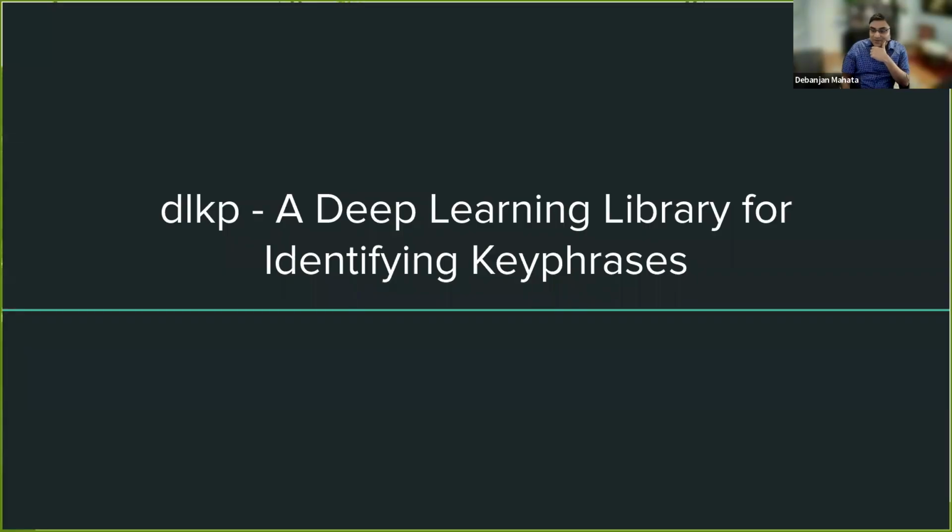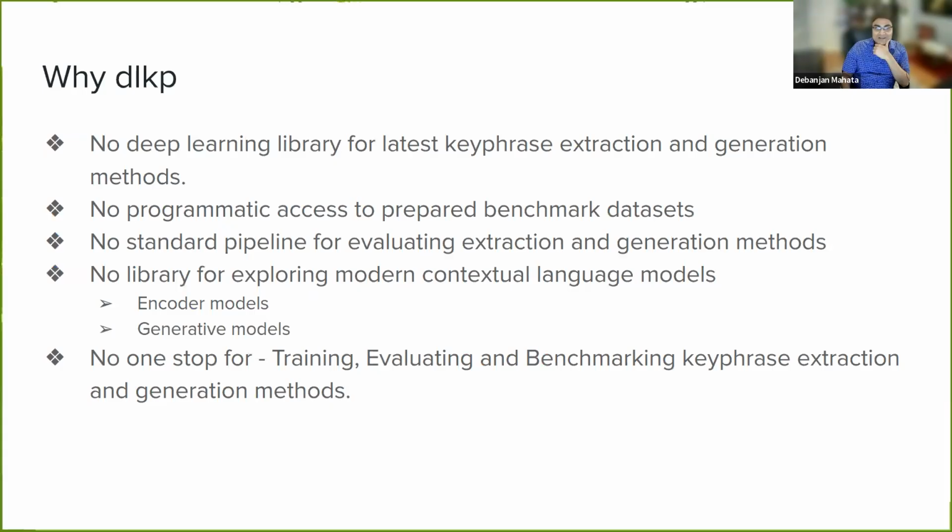The last bit of my presentation is DLKP, and I see that I'm out of time. So DLKP is an effort to develop a new deep learning library for keyphrase extraction and generation, which is completely missing. There are several pain points that we went through while experimenting and developing various keyphrase extraction and generation methods.